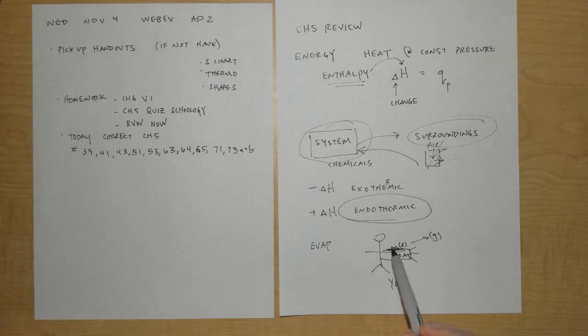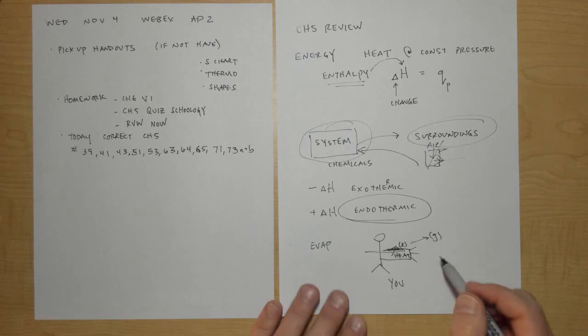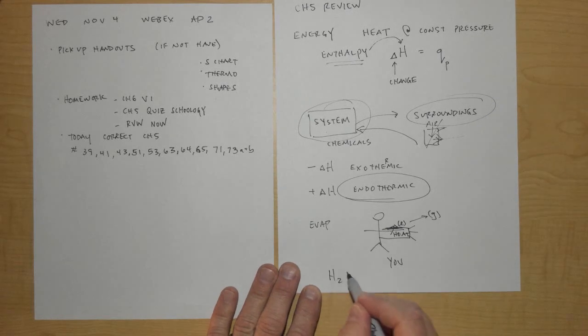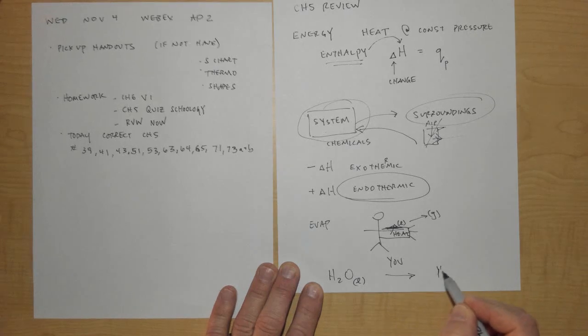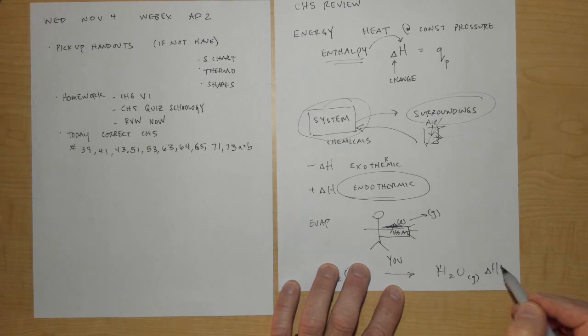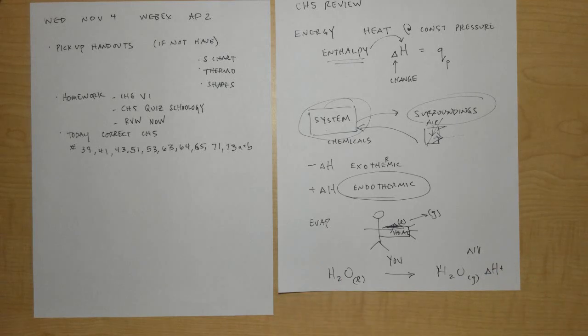And so the system is the water, the surroundings are you and the air, and therefore in this process we could write a thermochemical equation and say H2O liquid goes to H2O gas. And then for the enthalpy of this process, we would put a delta H. Whoops. I need a new piece of paper.